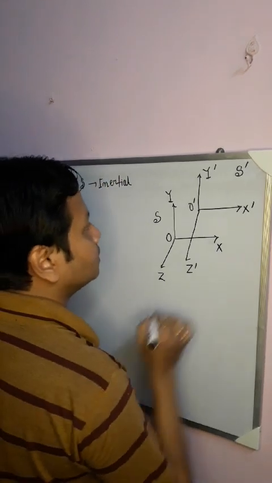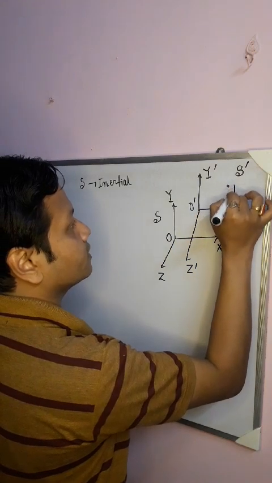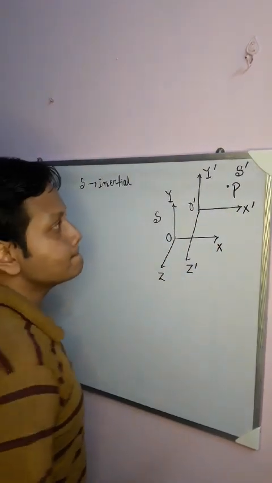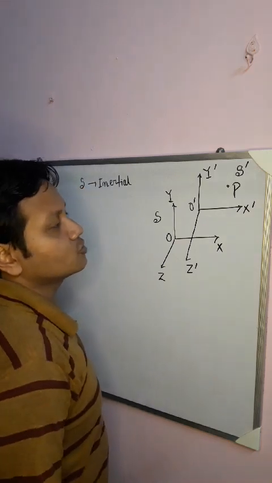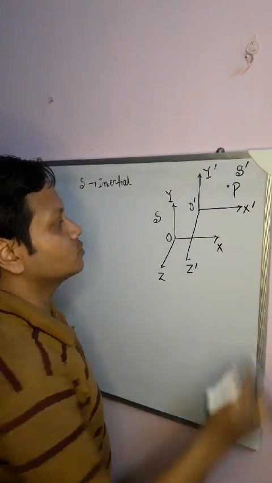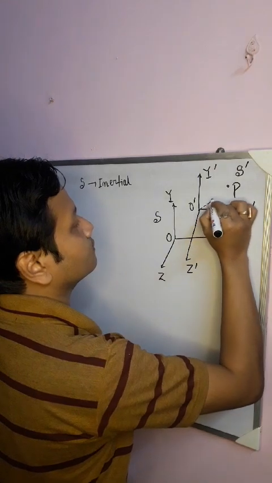Okay, suppose there is a particle in the S dash frame, so just join these centers.